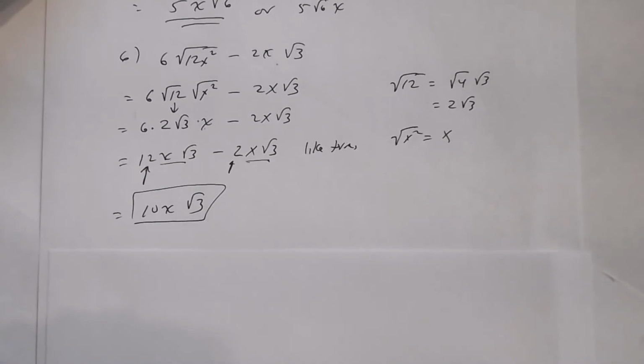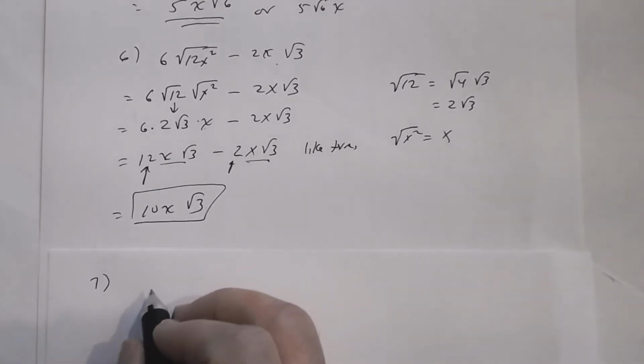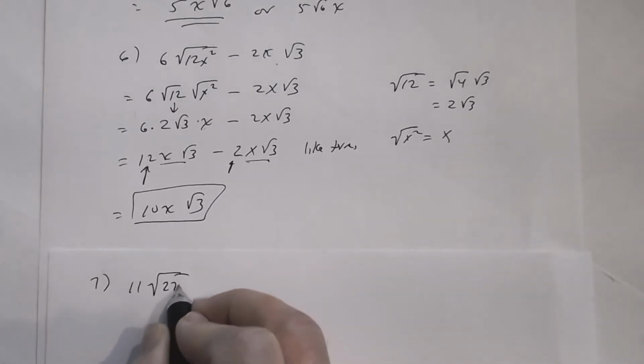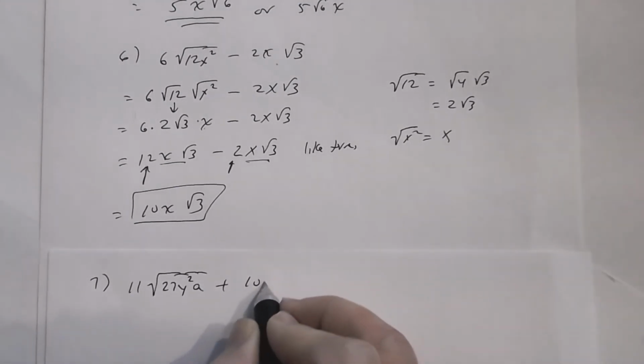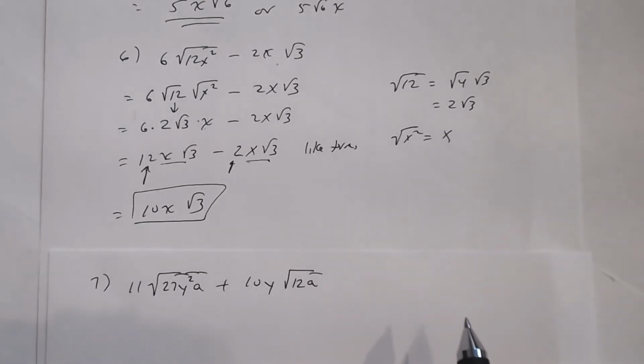All right, number 7. Okay, so we have 11 square root of 27y squared a plus 10y square root of 12a. Okay? All right, so that's what we have.